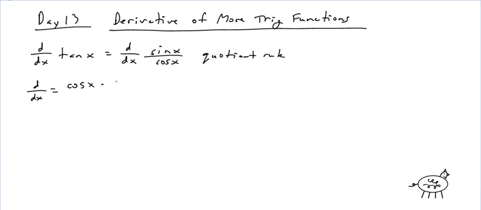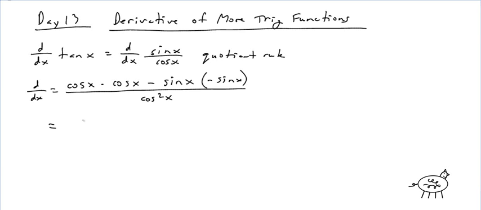Derivative of the top is cosine of x, minus the top. Remember, you do the bottom first because you start at the bottom of the corporate ladder. Minus the top times derivative of the bottom. Derivative of cosine is negative sine of x, all over the bottom squared.